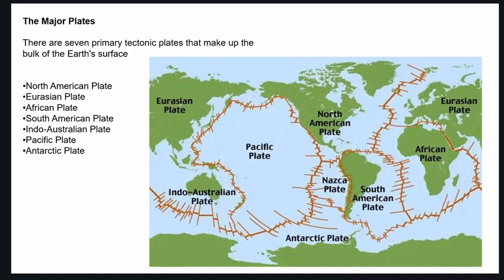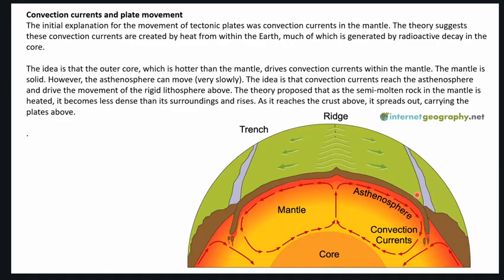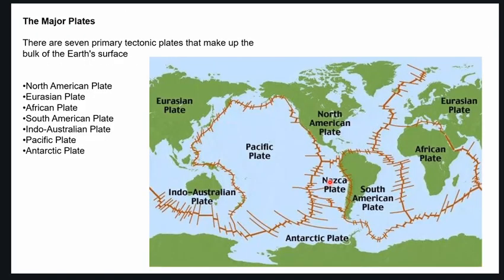Are you following? Yes. The ridge is where this event is taking place, where you have this current going in this direction, you have this current going in this direction, so that it is pulling these plates apart. So that is exactly what we have here between the South American plate and the African plate. You have the ridge in between, pushing this one, because more magma is coming in, the plates are separating.